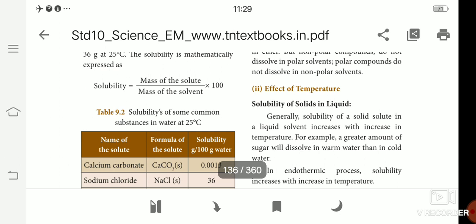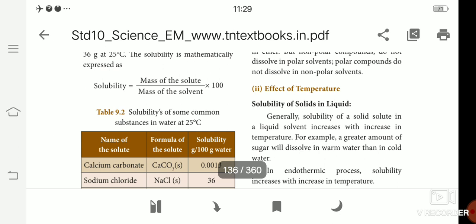The concentration of a solution may be defined as the amount of solute present in a given amount of solution or solvent. It is expressed quantitatively: one way is mass percentage, another is volume percentage.